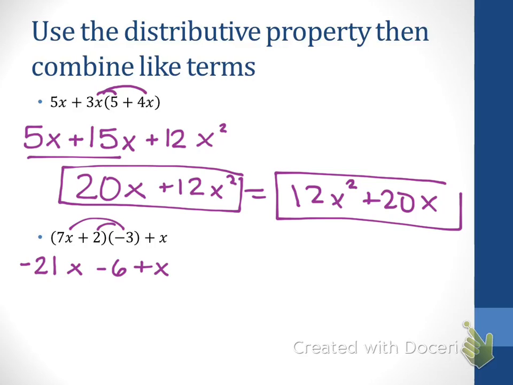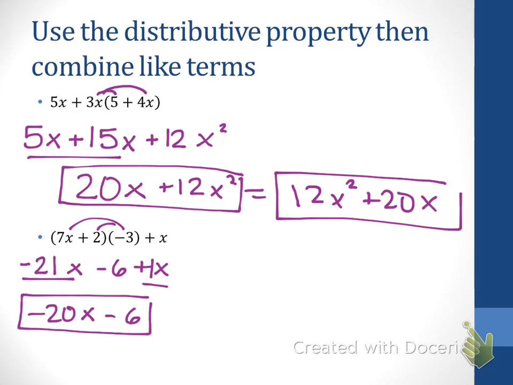What is the number in front of x that I don't see but I know is there? 1. Which of these terms are like terms? Negative 21x and 1x. So what's negative 21 plus 1? Negative 20. X, remember we keep our like term, minus 6. Can I subtract 20 and 6? Nope, because they're not like terms.